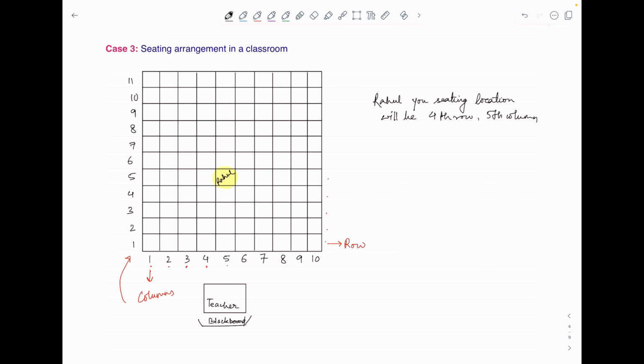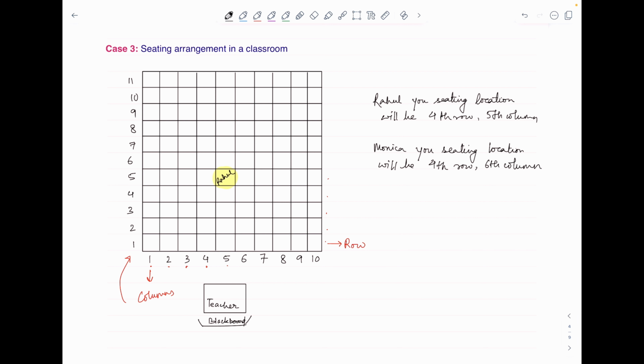But now your girlfriend is also in the same class. The teacher said, Monica, your sitting location will be fourth row, sixth column.